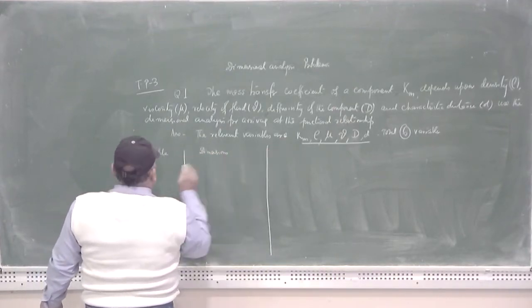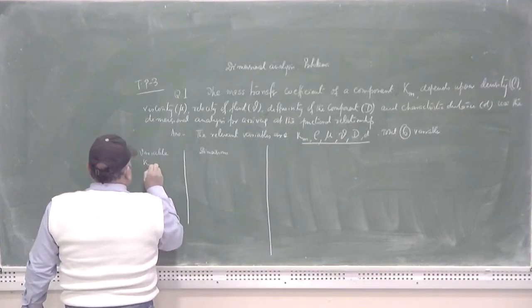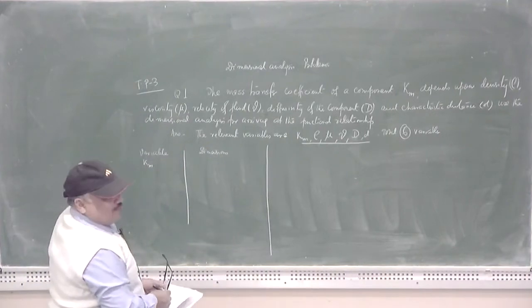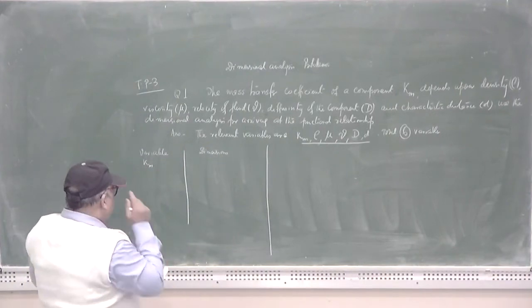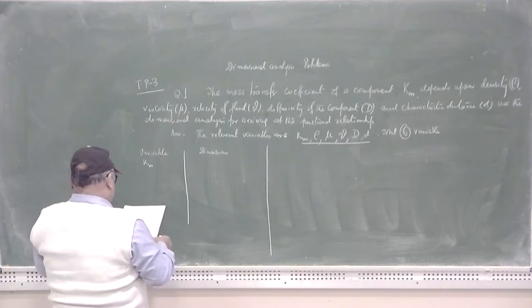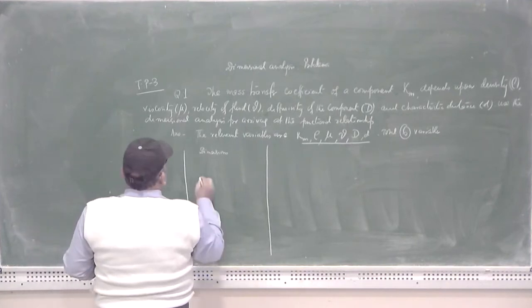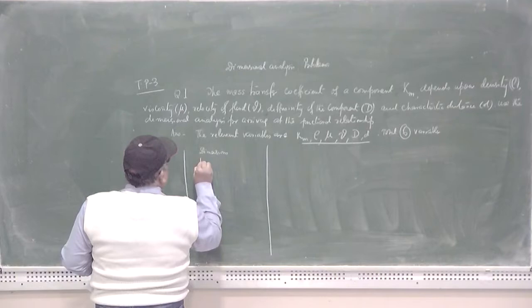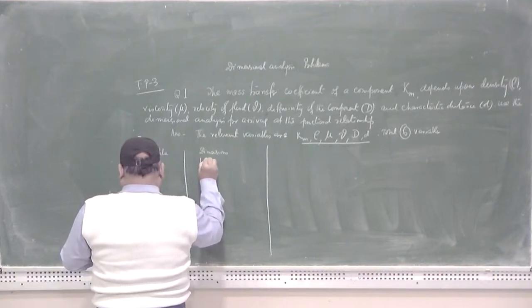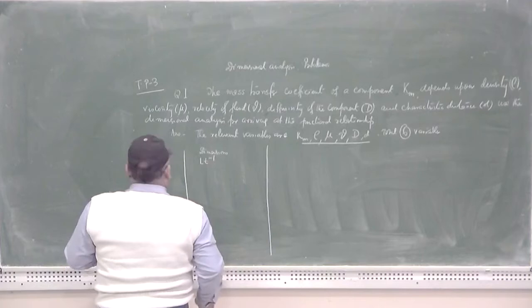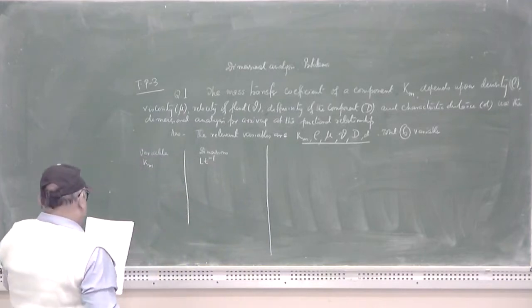The first variable is Km, the mass transfer coefficient, which has dimension L t to the power minus 1.